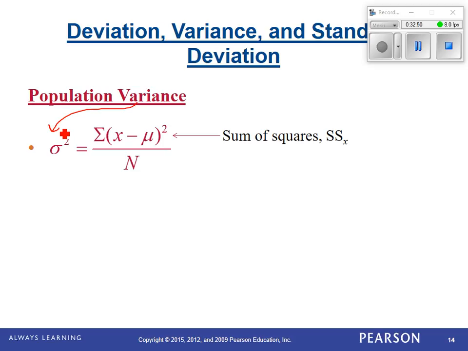To find the population variance, all you do is sum up all those things we were just talking about, the sum of all the squares, and then you divide by N, which is the number of data pieces. This time it's a population, that's why it's the capital N. Capital N is for population, little n is for the sample.